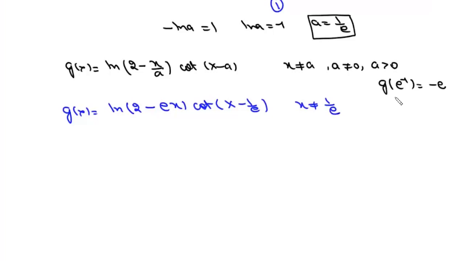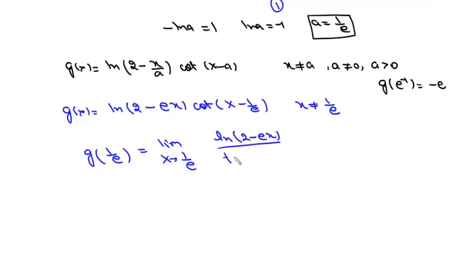Now if it is continuous at 1 upon e, then g(1/e) must be equal to this limit x tends to 1 upon e of g(x), and this g(x) is log(2 - ex) upon tan(x - 1/e).